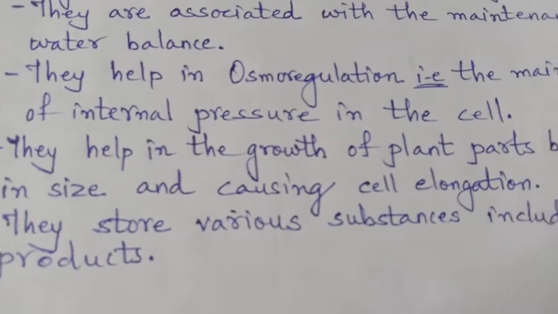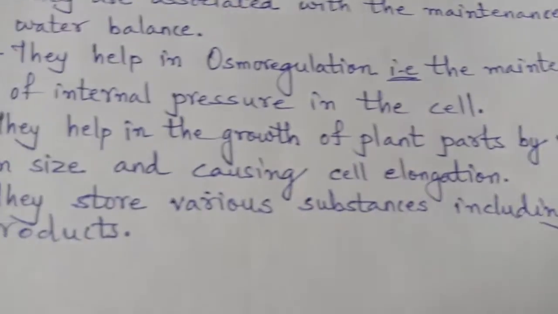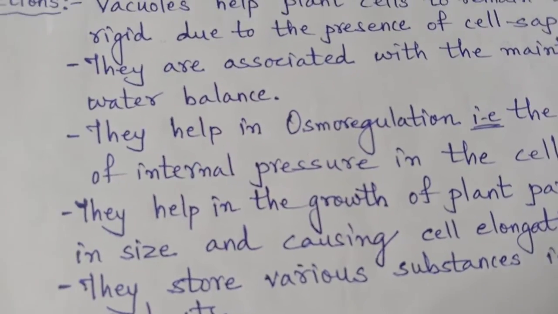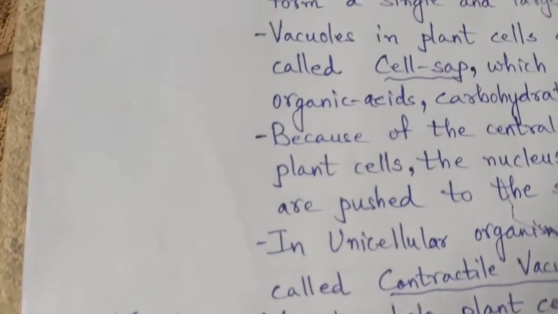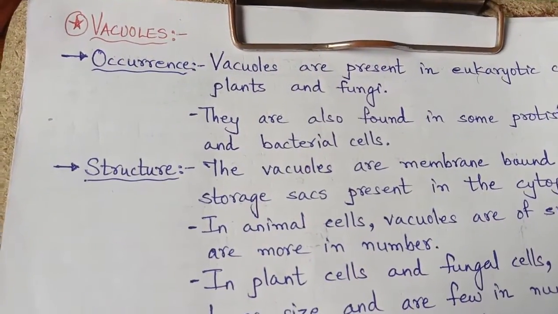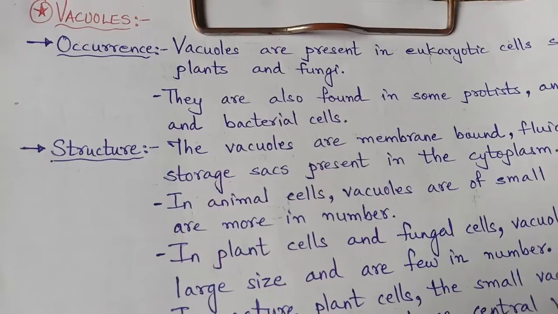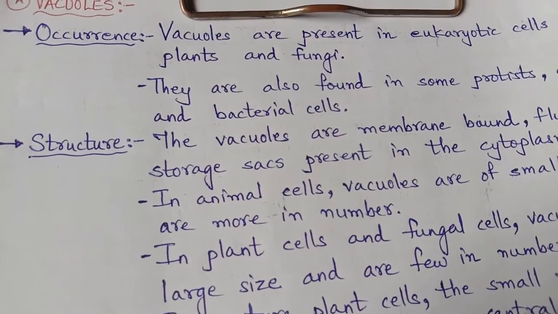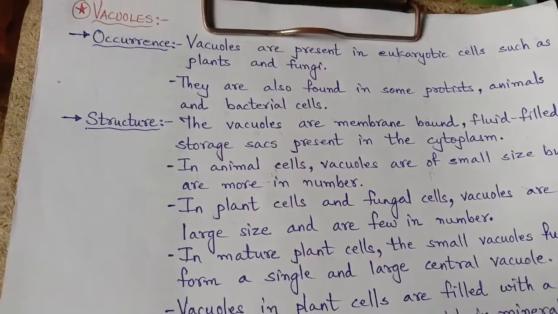With this, they also store some waste products which are unwanted to the cell. So if we want to understand in a very simple manner, then vacuoles are those organelles which maintain the fluid and the water in the cell.